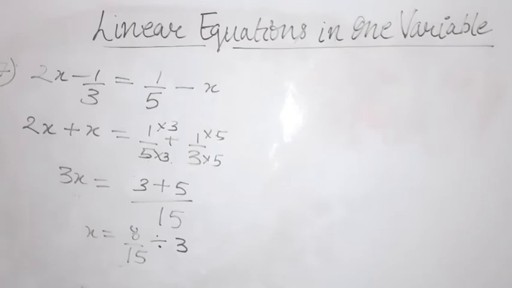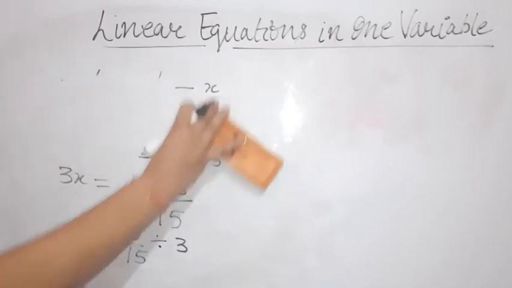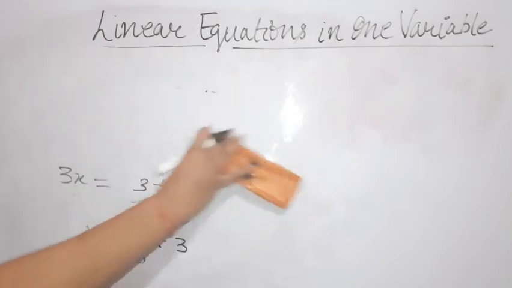Now to divide two rational numbers, what was the rule? If any of you remember that rule, kindly pause the video and comment down what the rule was. The rule was to take the reciprocal of the second rational number and multiply it with the first one. So I am writing this much in order to follow that process.